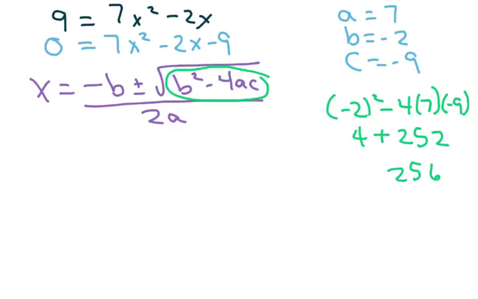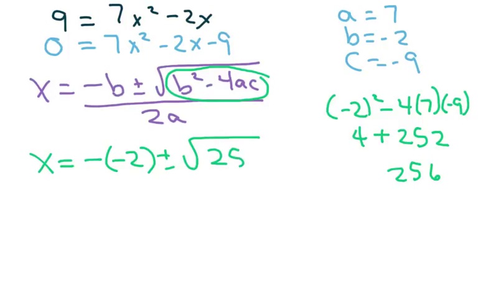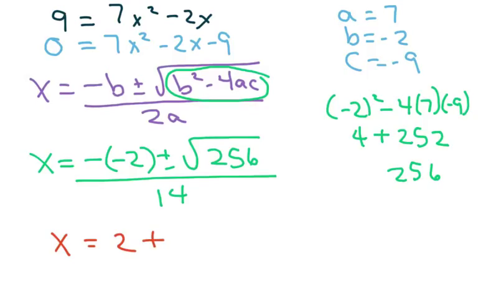All right, so we're going to get x equals negative b, so that's going to be negative times a negative 2, plus or minus square root of 256 over 14, because it's 2 times 7. 2 times 7 is 14. I'm going to break this down, so it's going to be x equals 2 plus square root of 256 is 16 over 14, which equals 18 over 14, which equals 9 over 7.